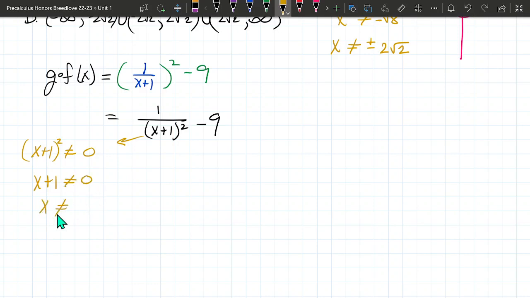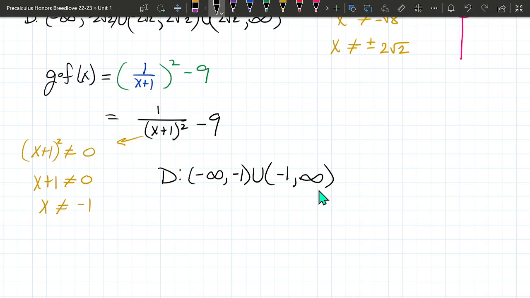So x cannot equal negative 1. So now there's only one single domain restriction. So when we write the domain, there's only going to be one union. So domain is from negative infinity to negative 1, and then in union with negative 1 to infinity.